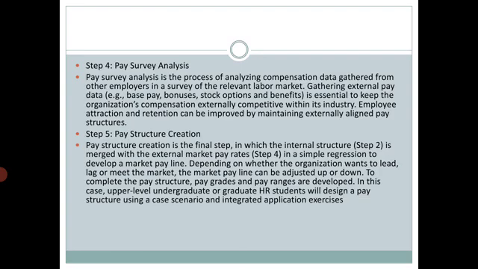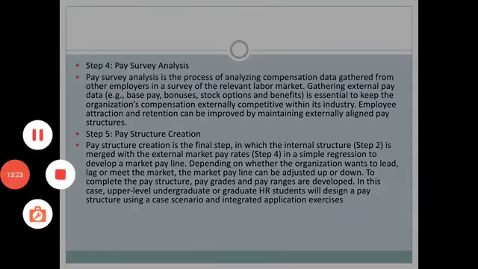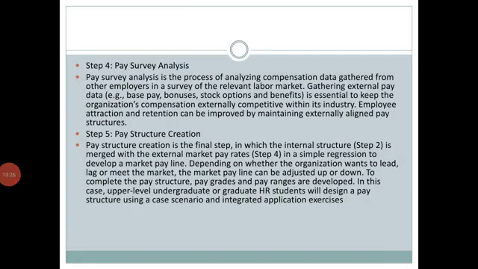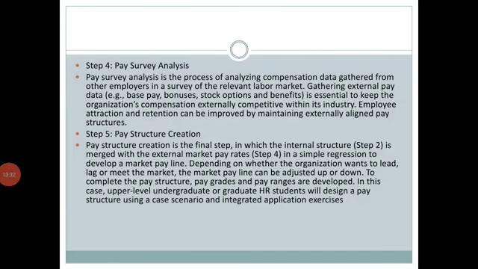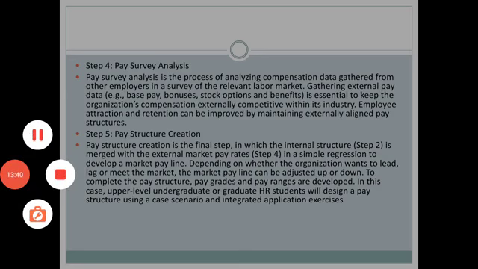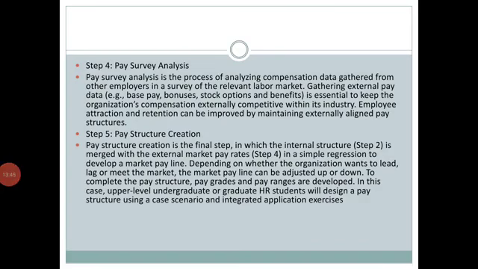It is actually a process through which the compensation data is gathered from other employers in a survey of the relevant labor market.